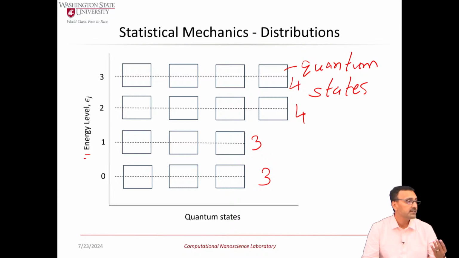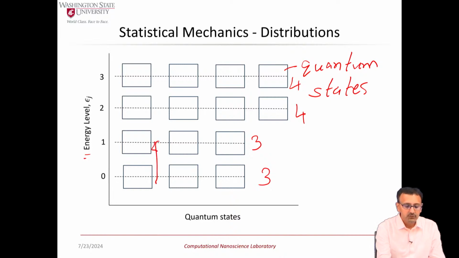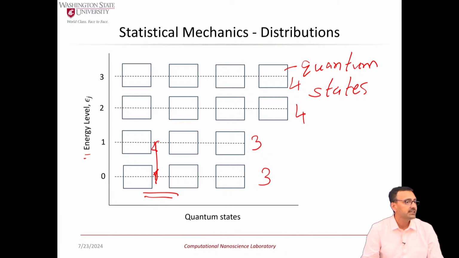So, there are 4 energy levels and 14 different quantum states. The quantum states at each energy level have approximately the same amount of energy. Their energies can vary slightly, but compared to the difference in energy between 2 different energy levels, the difference in energy between these quantum states is negligible.